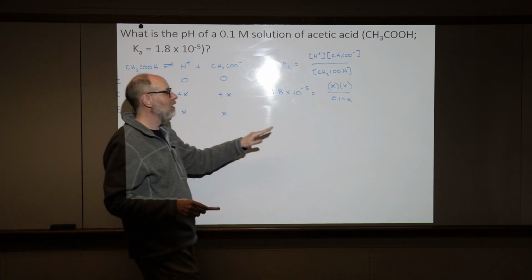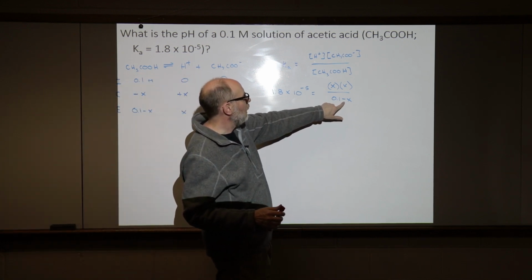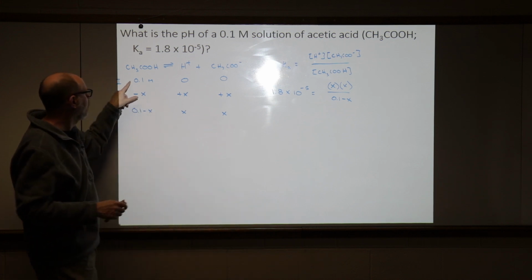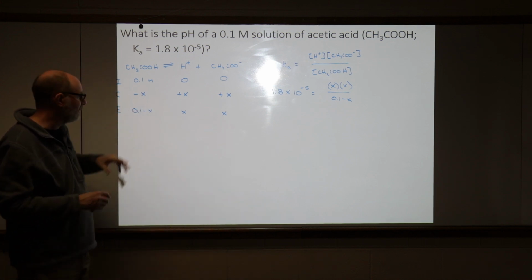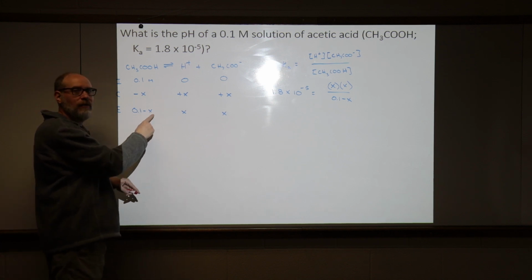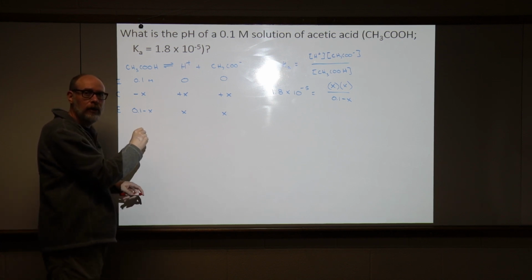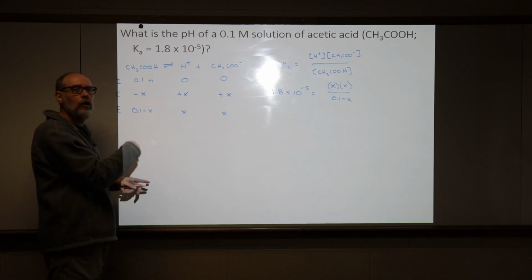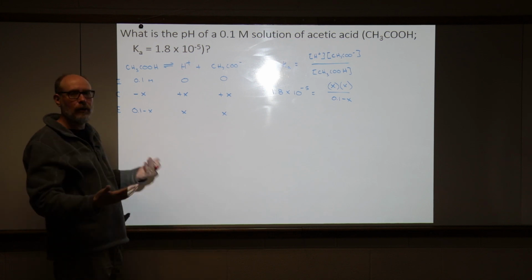So we said that the X value is very small compared to the 0.1 molar. So that change is very small. Essentially, if you take a big number and subtract a very small number from it, you essentially get that big number right back.